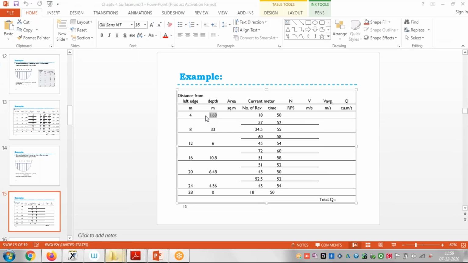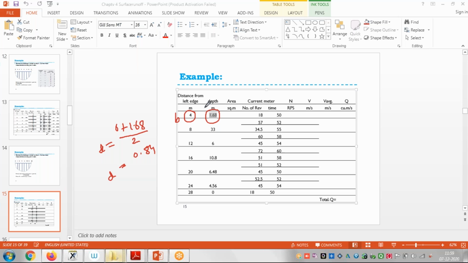So here, this is 0 plus 1.68 divided by 2. We will get the depth. How much will it be? 0.84, right? Now this depth is 0.84. We know the breadth.